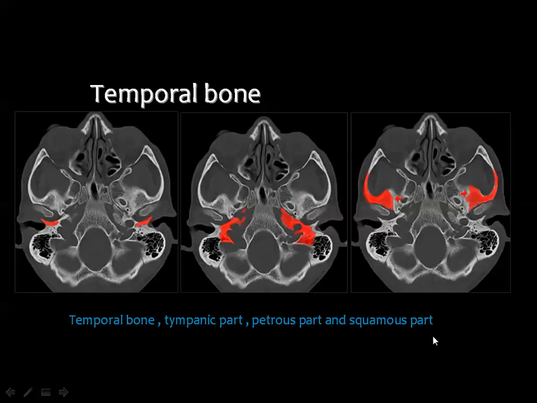And here you can see the temporal bone. This part, which is presented in red, is the tympanic part of the temporal bone, and you can see that it is laterally located in relation to the carotid canal.